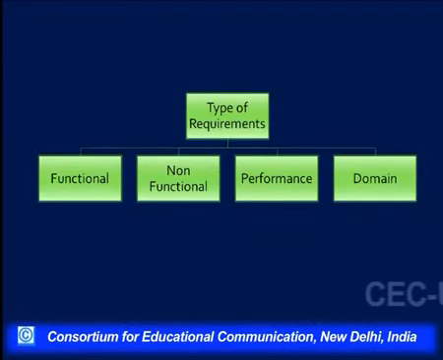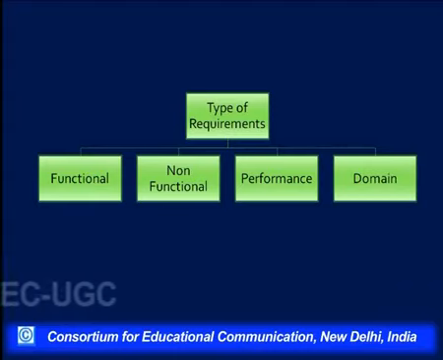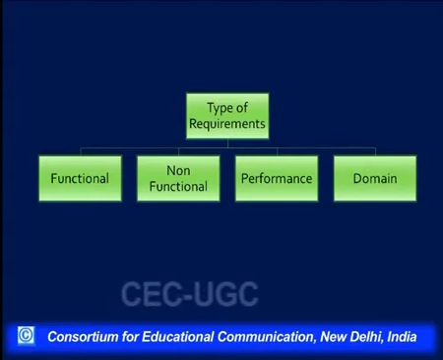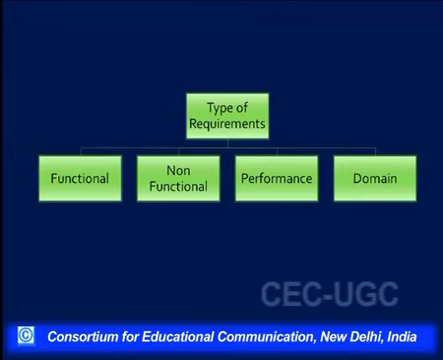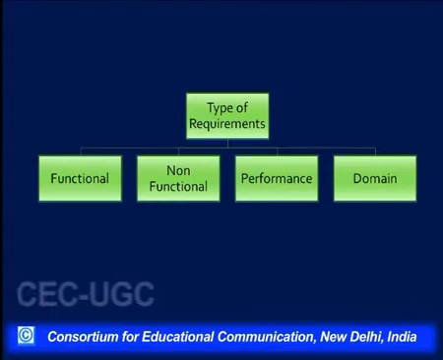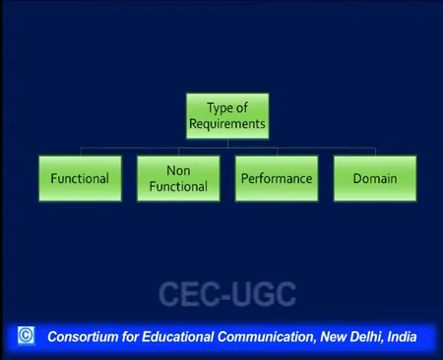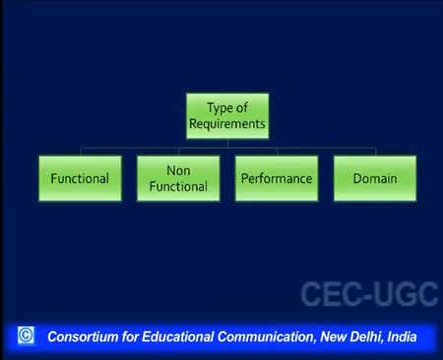So when we talk about requirements, there are different types of requirements. We can categorize the requirements of a software into different categories. The first category is the functional requirements. The next category is the non-functional requirements. Then we have the performance requirements. Then we have domain requirements. Requirements have also been further classified in other ways, for example user requirements and system requirements, or based on the knowledge of the user.